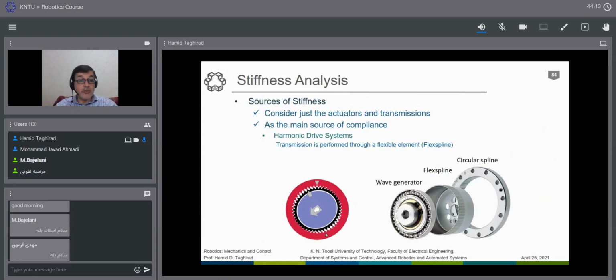And why is harmonic drive used so much? Because it has a special design. It will give us a very high ratio. You can find a gear ratio of 100 in a very small harmonic drive. This is not very easily done by other means of gearing, since you need different types of gears or a number of gears in series or in a circular arrangement to do that.